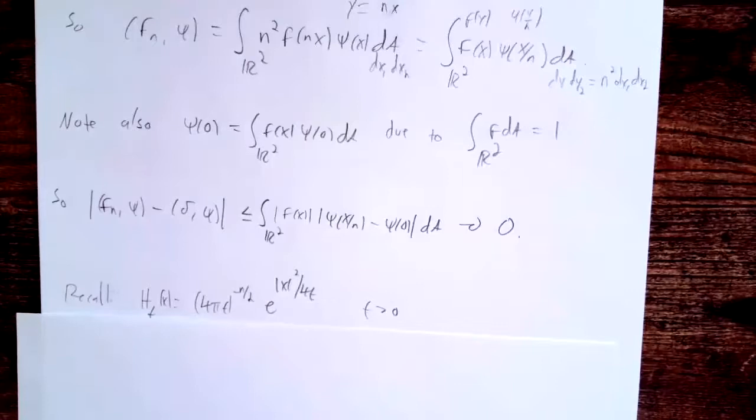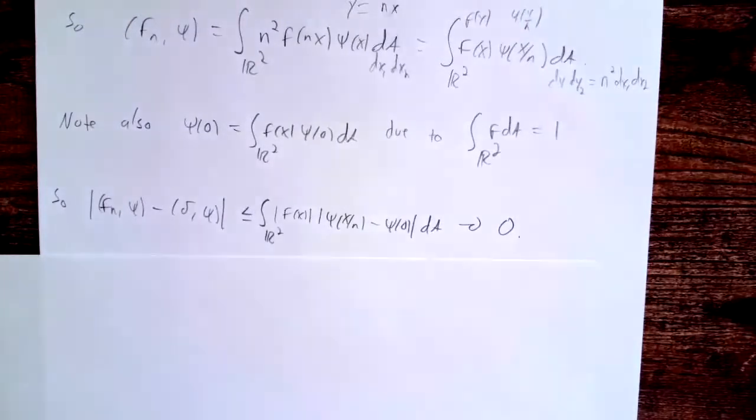So this tells me that this sequence of spikes, and it's not a bad exercise to go plot some of these FNs, this sequence of functions that get more and more spiky, limits to Dirac delta. And this is why engineers say that Dirac delta is a function with an infinite spike at the origin.